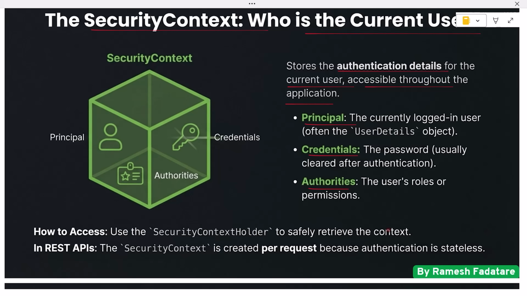For REST APIs, the security context is created per request because authentication is stateless. Developers can use security context to retrieve the logged-in user's data inside service layers. Interviewers expect you to mention that SecurityContextHolder is used to access the context safely.